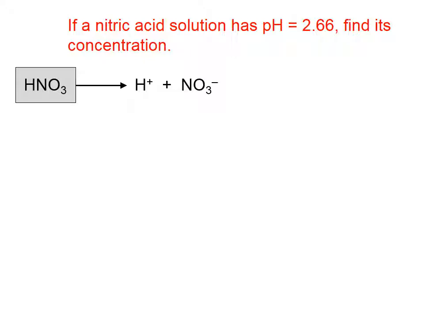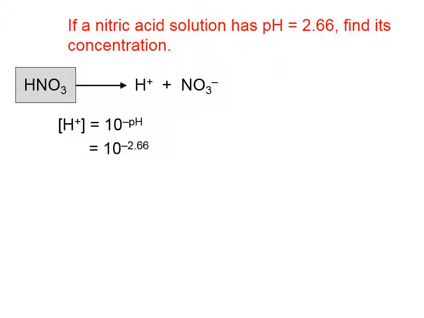We know that in reality, there's virtually no HNO3 molecules that are intact. That is, neutral HNO3 molecules pretty much don't exist in this solution. But nonetheless, whenever we're asked to find the concentration of a nitric acid solution, that's the question that's being asked.